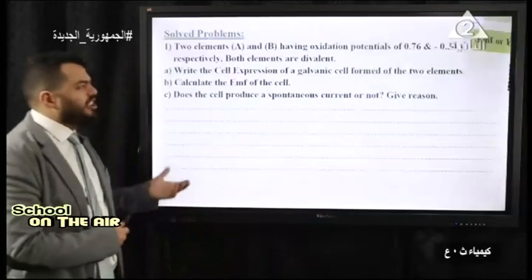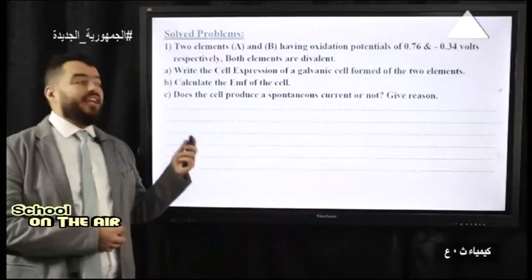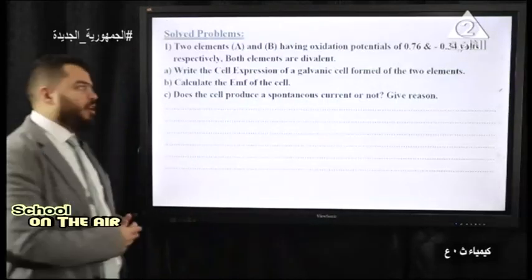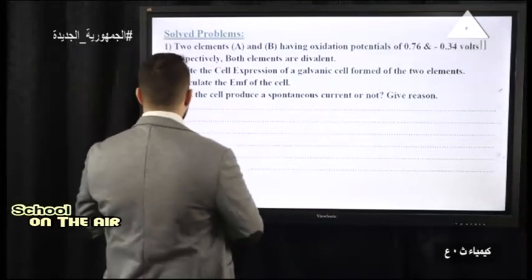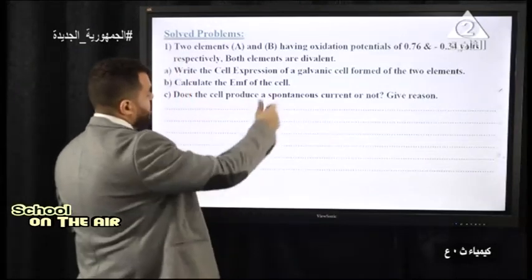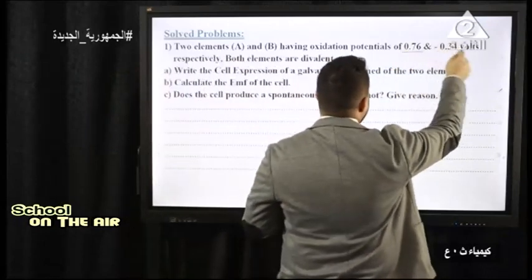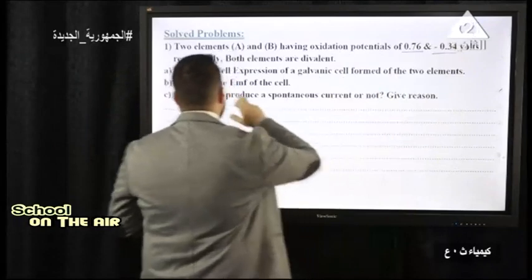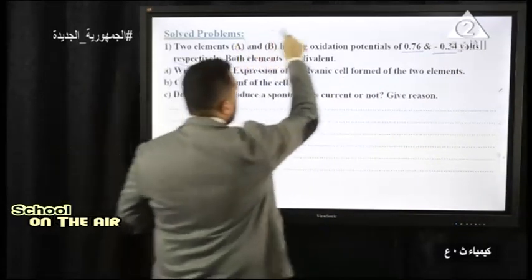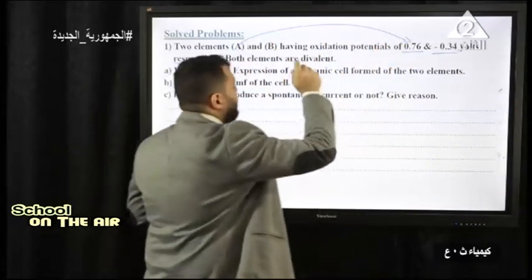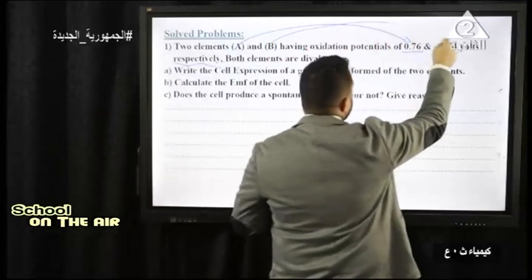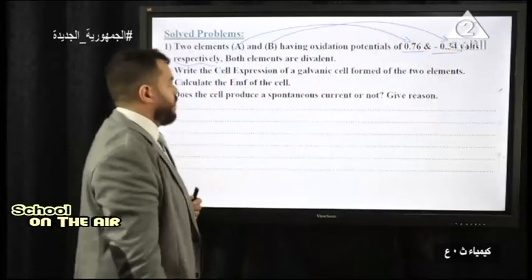How can we use the rules in calculating the following questions? Let's see. 2 elements A and B having oxidation potentials 0.76 and negative 0.34 respectively. So A will be 0.76 and B will be negative 0.34.